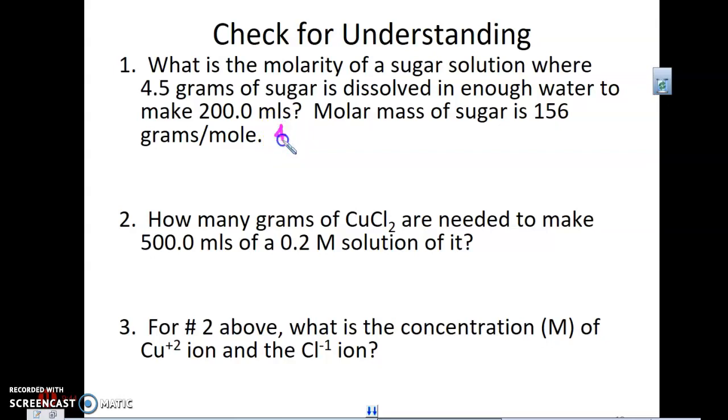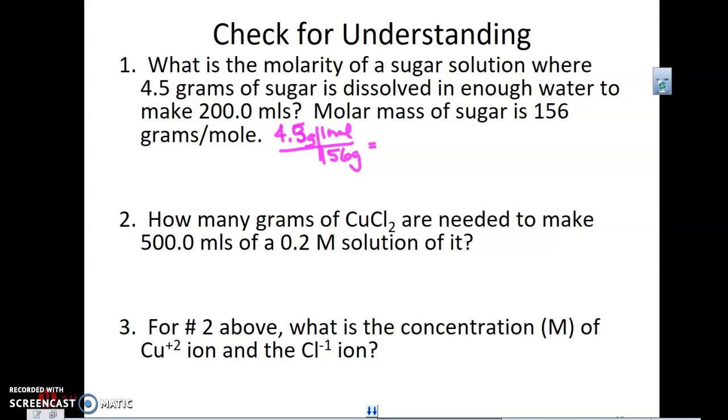And the molarity is 4.5 grams of sugar. 1 mole is 156 grams. And so we're going to get 4.5 divided by 156.